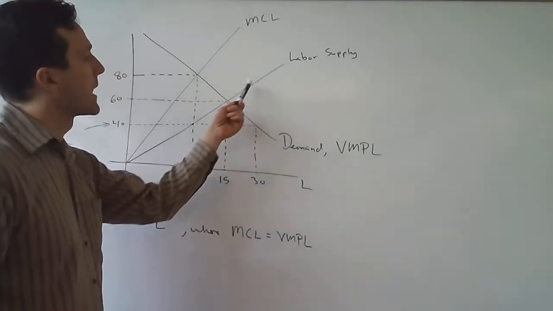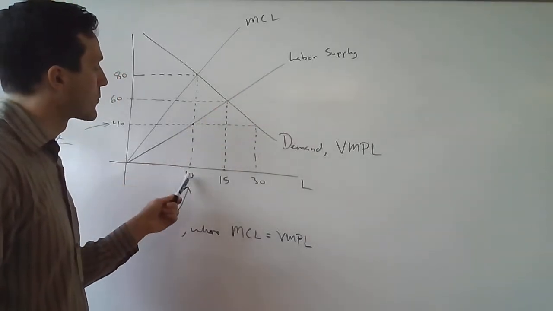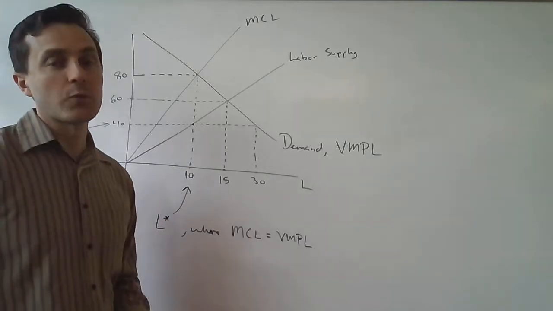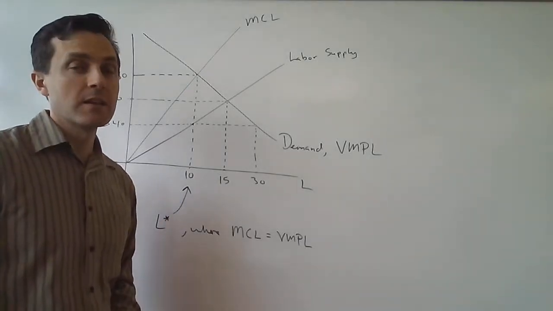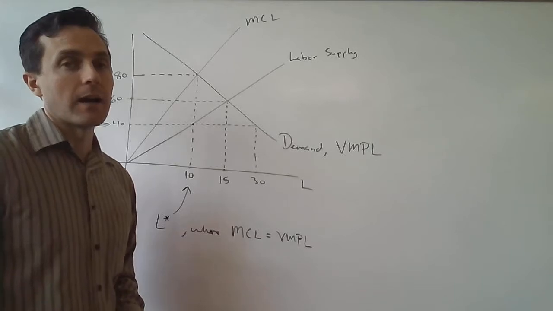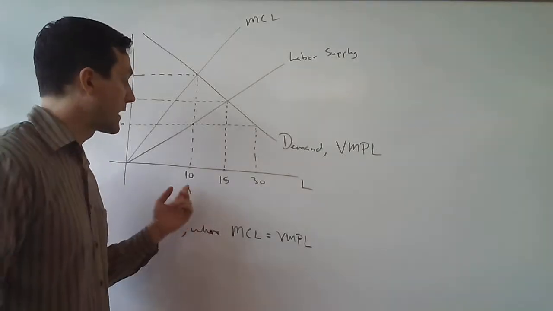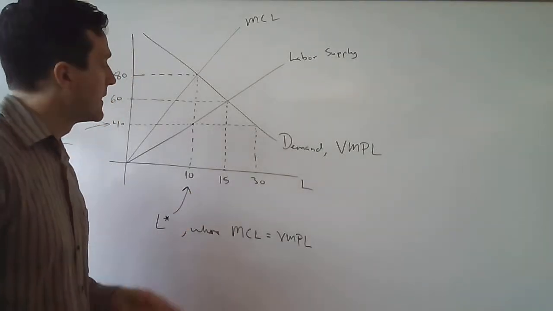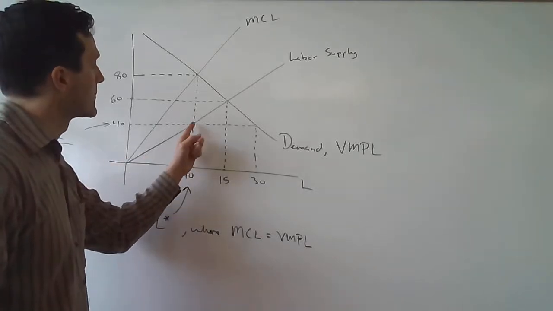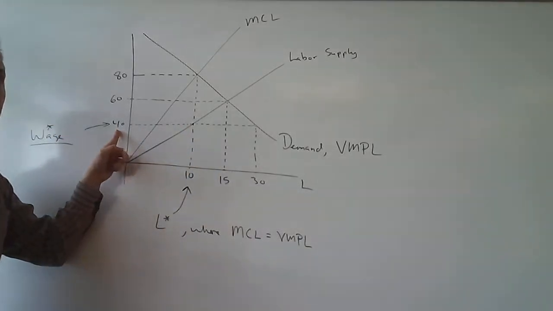So you need to look at the labor supply curve and say, okay, we need 10 workers. What is the lowest wage that we can pay workers in order to induce 10 of them to work? If you look at the labor supply curve, that happens to be a wage of 40.